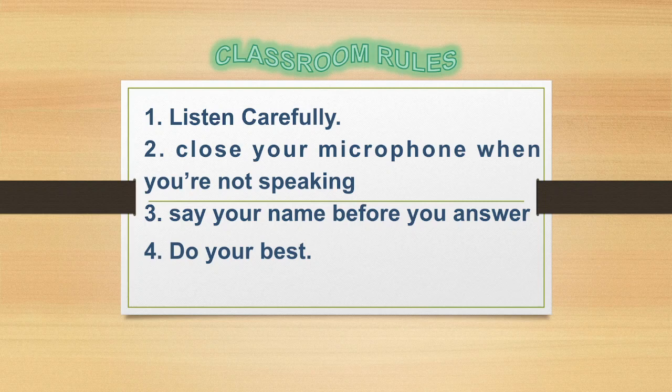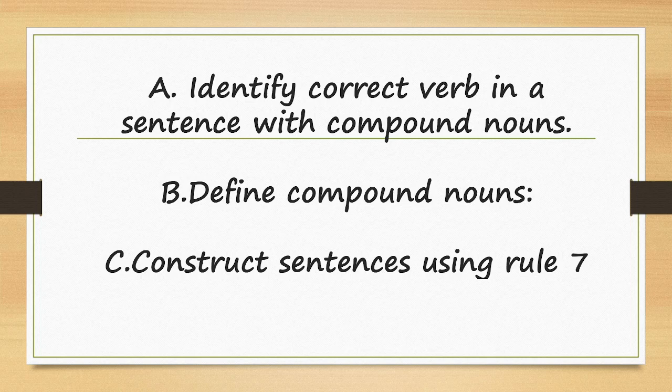The second one is close your microphone when you're not speaking. The third is say your name before you answer. And the last one is do your best. Okay, thank you. Do you think these classroom rules are attainable? Yes, sir. Okay.